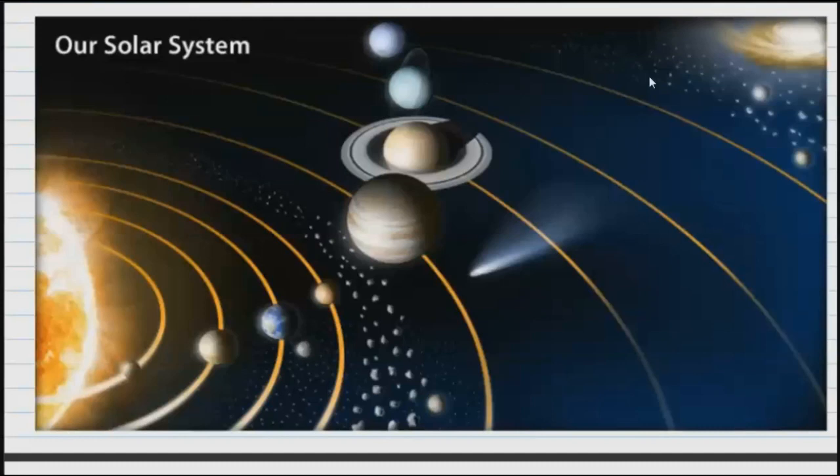And when this object gets close enough to the Sun, say inside the orbit of Jupiter, it receives enough heating from the Sun so that these ices start to evaporate, and the object develops a tail, which is the comet's tail.